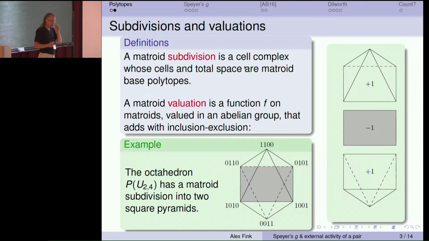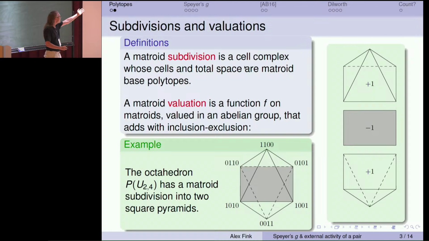Graham also introduced this idea of valuations. Given the other definition of the relation that he gave, if I have a matroid polytope, like this octahedron that corresponds to U24 at the bottom, I can imagine cutting it up into smaller matroid polytopes.